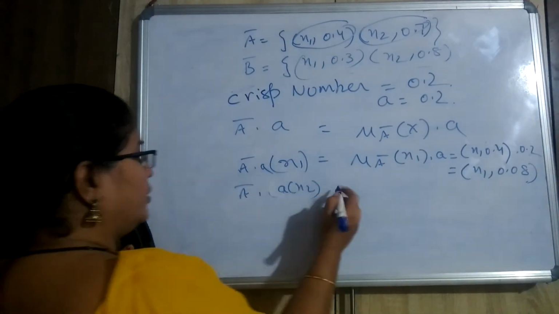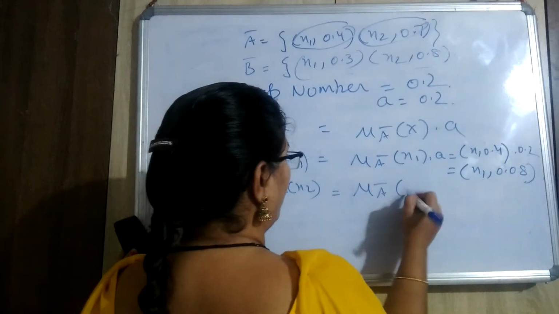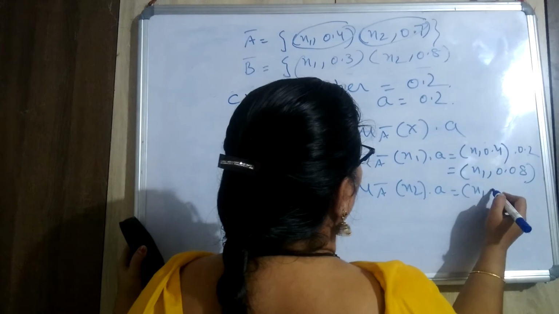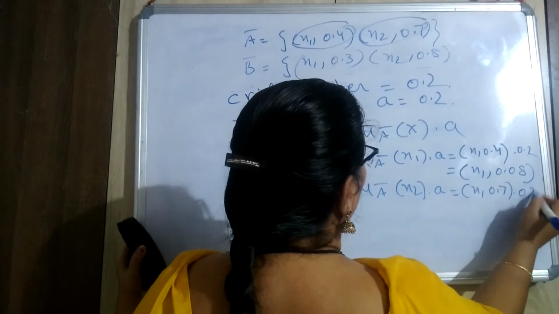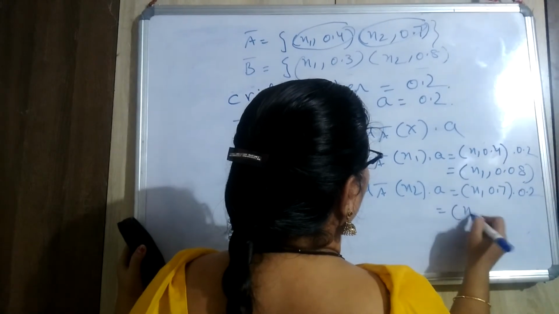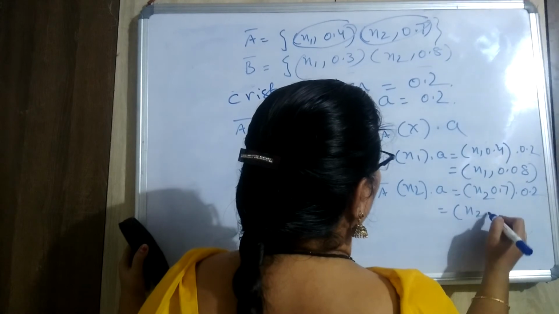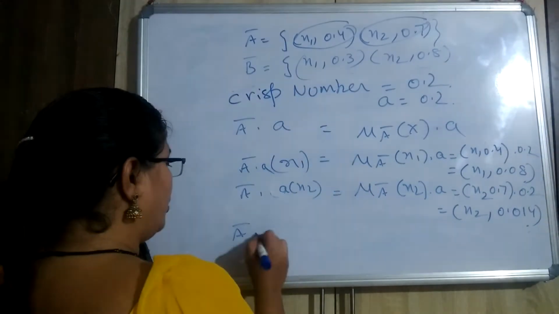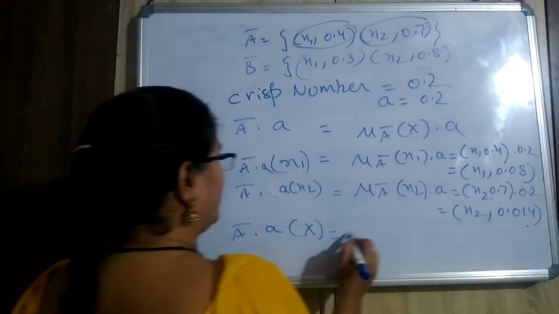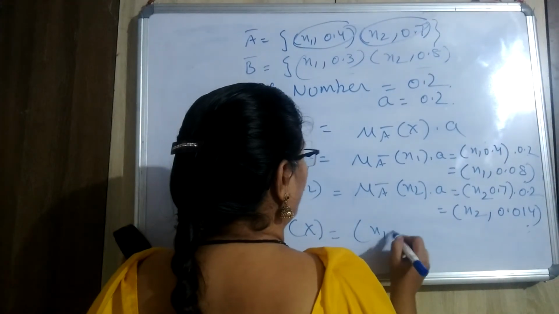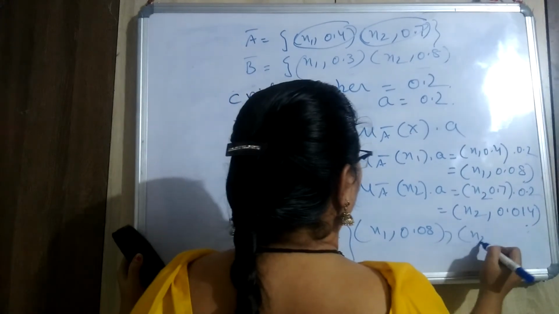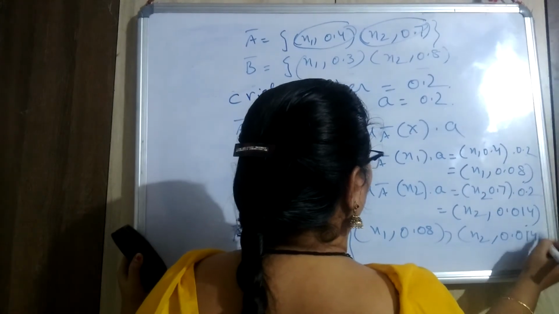In the same manner, A bar dot A at x2. So what is it? Mu of A bar of x2 dot A, that is equal to x2 comma 0.7 into 0.2, that is x2 comma 0.14. So A bar dot A at x is x1 comma 0.08, x2 comma 0.14.